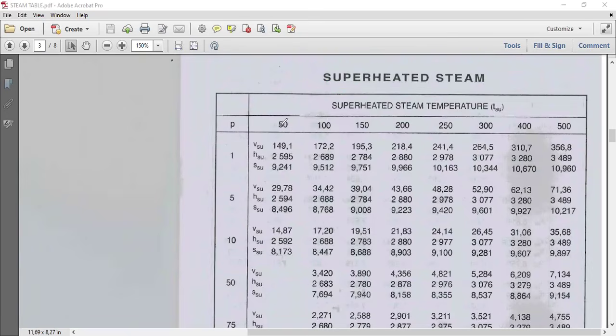If you have the superheated temperature, and you also have a pressure that you are given, the enthalpy of the superheat can be determined. Let's say your temperature is 50 and your pressure is 10. As you can see here, your H sup can be determined, same as the volume can be determined.